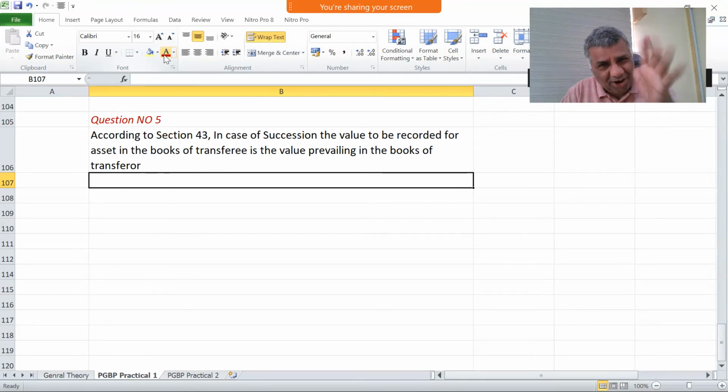So you cannot record it as 60 lakhs and all. That is ruled out.